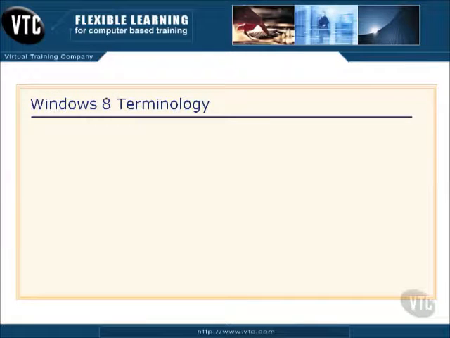Let's talk about Windows 8 terminology for just a moment. I hate to do this to you, but you need to be aware of something that's going to cause you a little bit of confusion as you start to look at documentation, as you Google things out there, and as you hear people talk about Windows 8. The term Metro has been used quite a bit, and I'll use it a lot in this course.